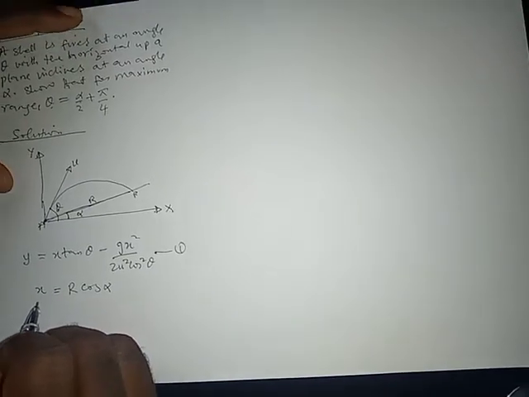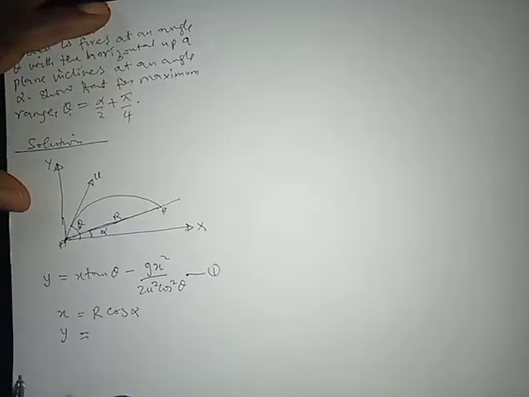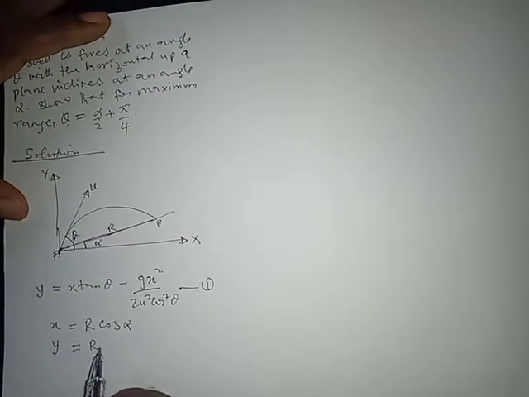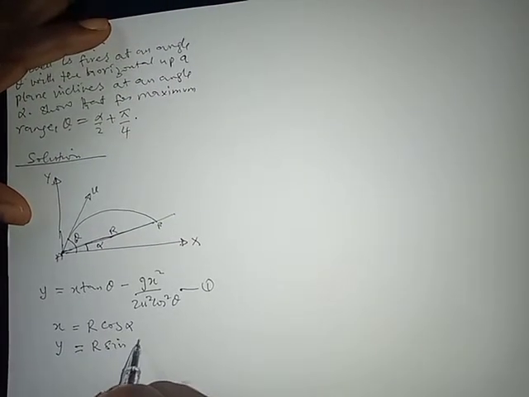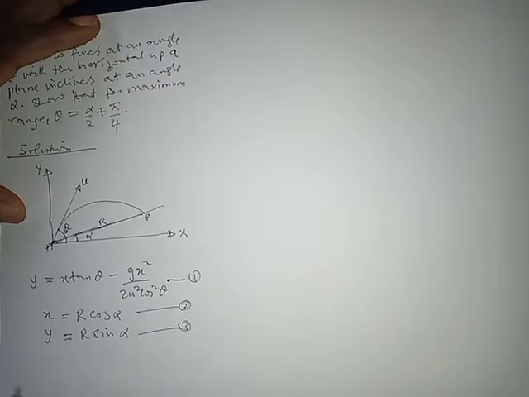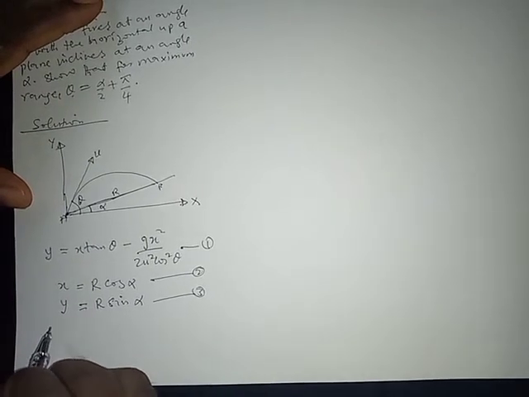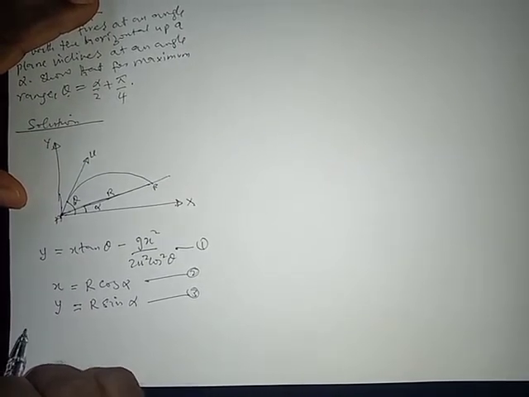Then we also adjust y. The corresponding y now is r sine alpha. Let's say this is equation 2, this is equation 3. We need to use equations 2 and 3 in 1 now.